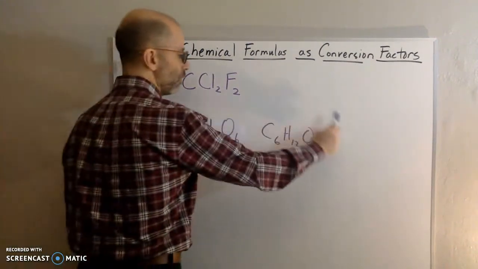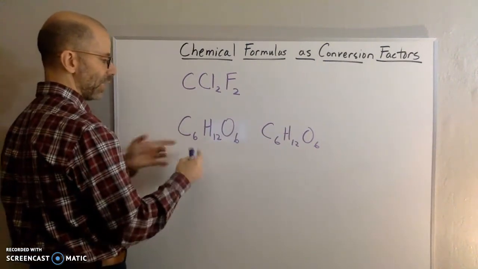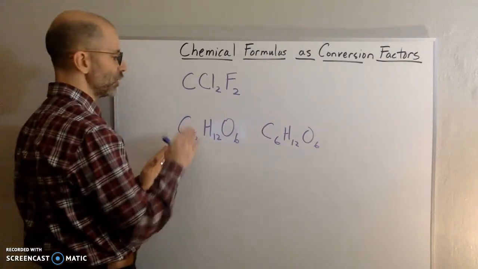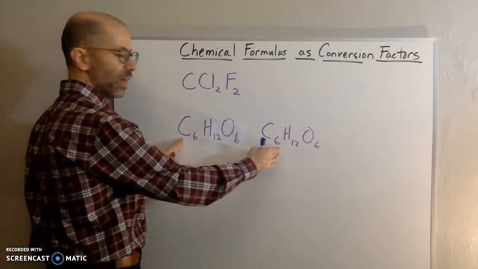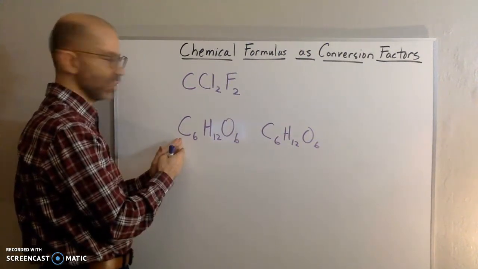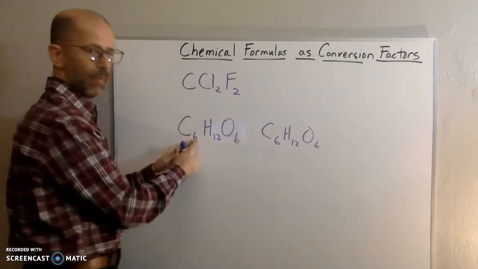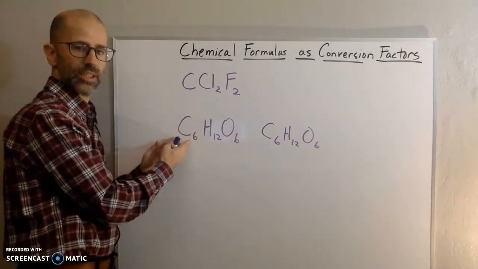So for every 2 of these, I have 6 carbons and 6 carbons. So what's the ratio of these 2 molecules to the number of carbons? Well, it's now 2 to 12. And 2 to 12 is the same ratio as 1 to 6. So we're back to the 1 to 6 ratio.